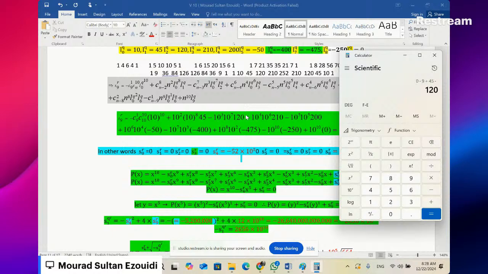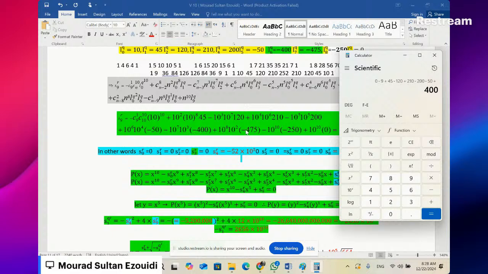Correct. So we reach negative 120 plus 210, minus 200, minus 200, negative 50, minus 50. Then minus multiplied by minus is plus 400. Plus 400, minus by minus.